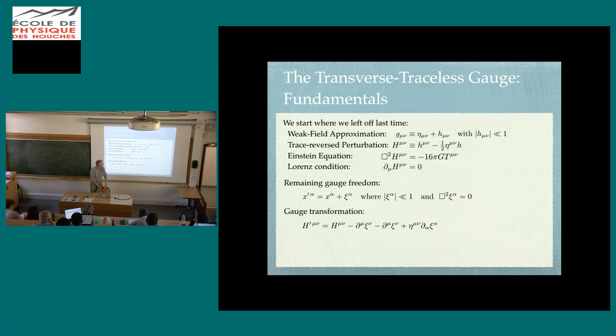Just to remind ourselves also, the gauge transformation of the capital H looks like this. You take the functions and add them to the original in this manner. Okay, so far?